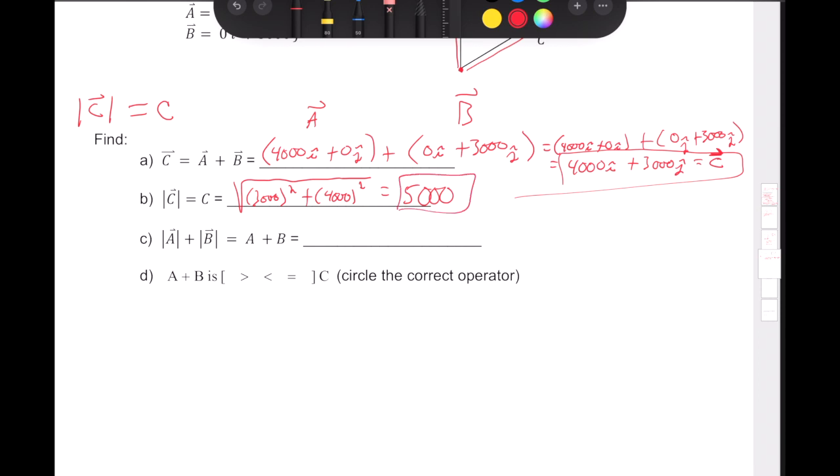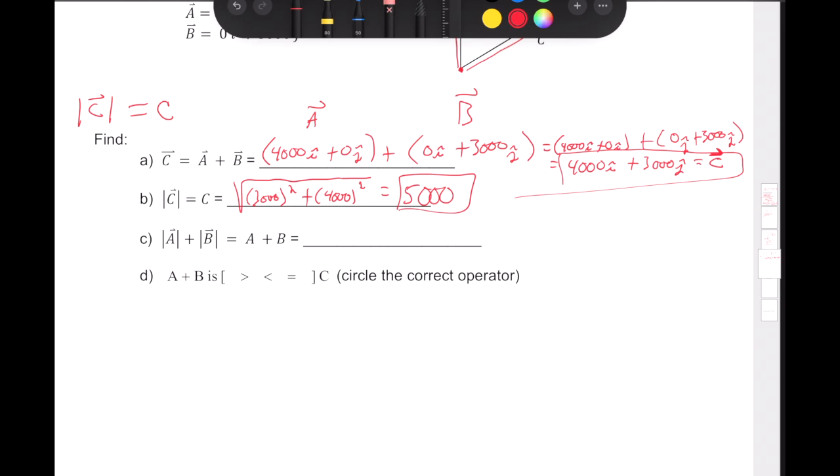So remember, C vector is not even the same animal as the magnitude of the C vector because we've stripped out the direction when we take the magnitude of it. It's direction agnostic. So C vector has an i component and a j component, but C absolute value or magnitude just has the magnitude, which is 5,000. So those aren't the same thing.